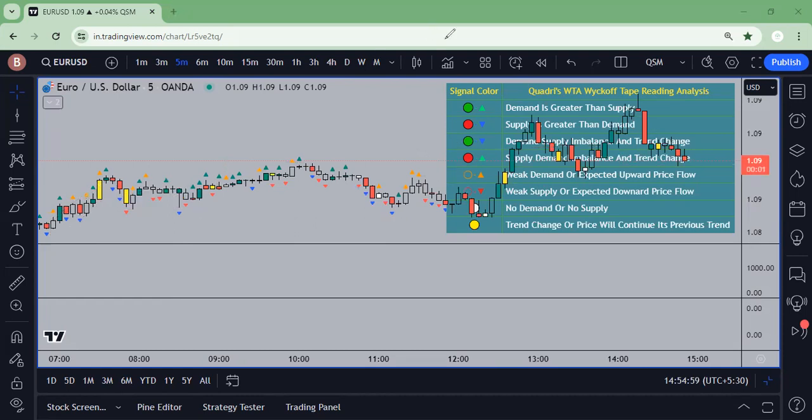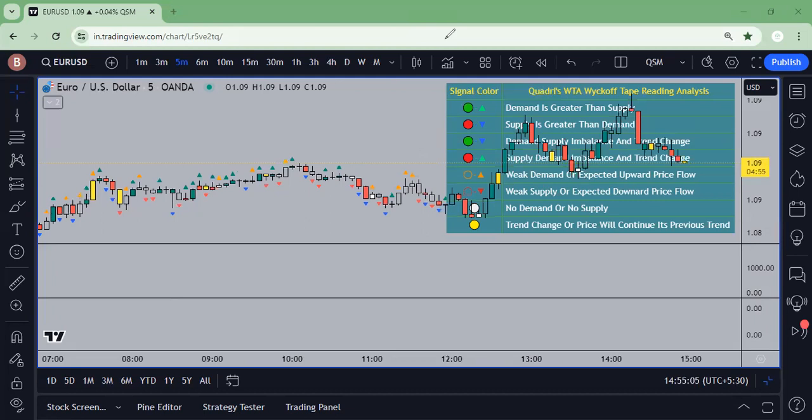So in both ways, there would be an end of the immediate price behavior or price movement. The immediate price movement at this particular point was consolidation.